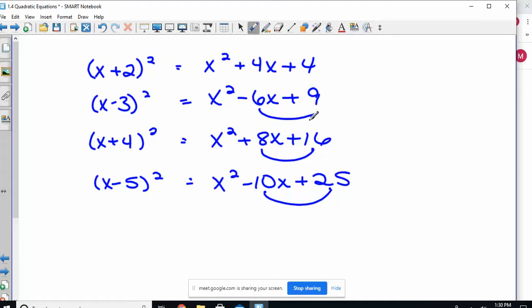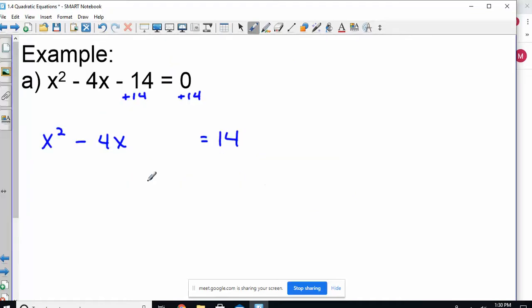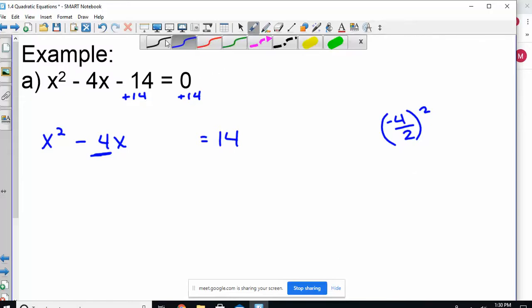So that's what we're going to do to build this perfect square. We take our middle term, which is a -4. We divide that by 2, and then we square it. So -4 divided by 2 is -2. -2 squared is +4.